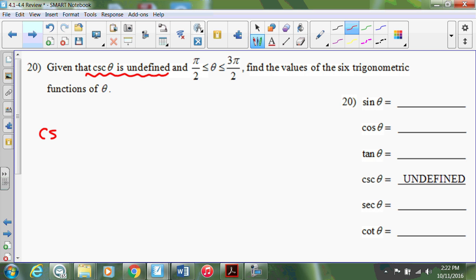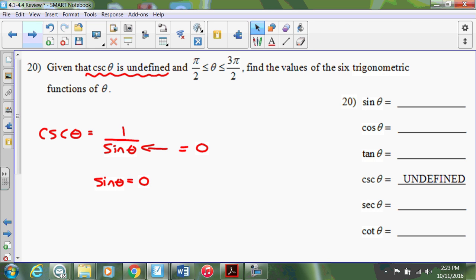Cosecant theta is the reciprocal of sine theta, so we can rewrite it like this. When we talk about something being undefined, that basically means the denominator equals 0. If you want to be undefined really fast, make your denominator equal to 0. So if your denominator is equal to 0, we'll have sine theta equals 0. And then we'll have to stop and go, well, where does that happen?